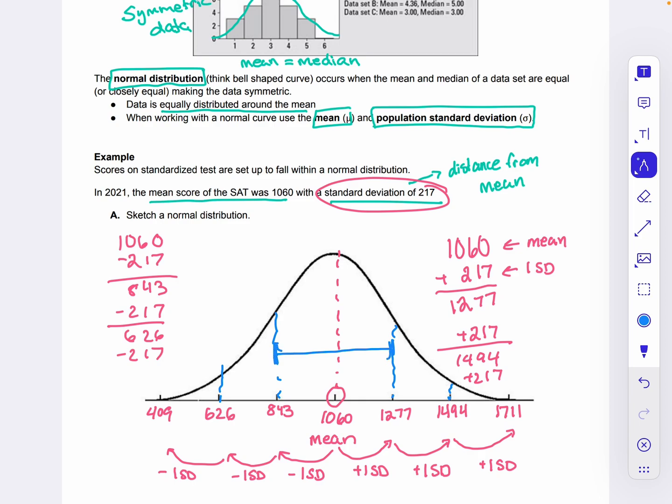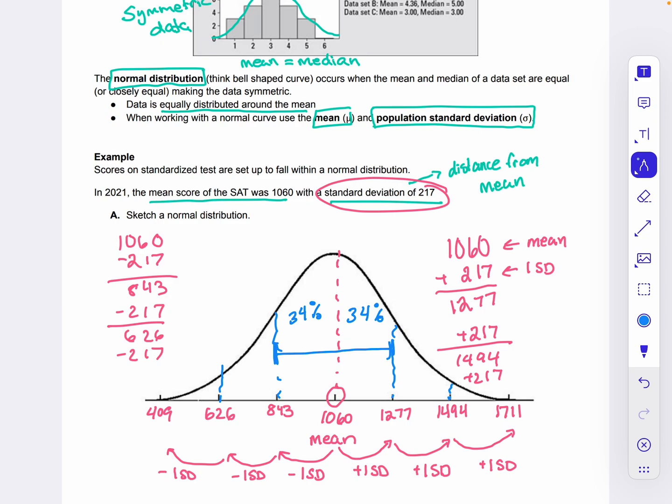Well, a thing about a normal curve is it's equally distributed, which means half of that 68 needs to fall above the mean and half of it needs to fall below. Half of 68% is 34%. So 34% would fall between the mean and 1277. And 34% of the data, of the scores, are going to fall between 843 and 1060.